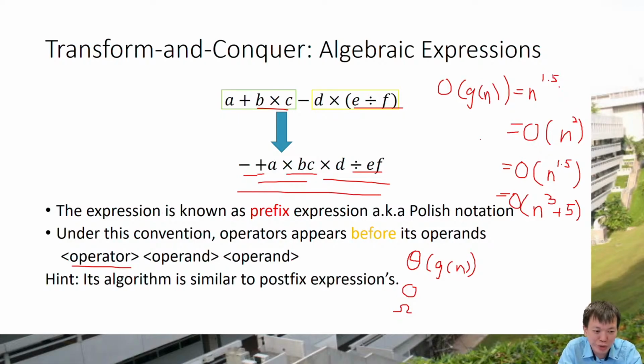Sometimes you really don't know, and there can be a lot of scenarios. You only know that the worst case complexity is this, and you can only tell people what you know. So maybe using big O notation is most appropriate. That is the best you can do.